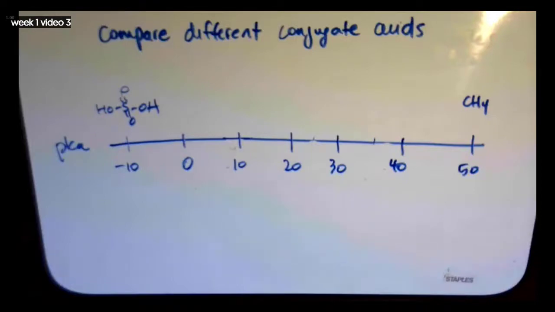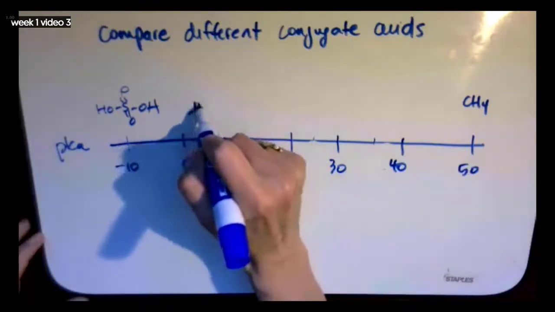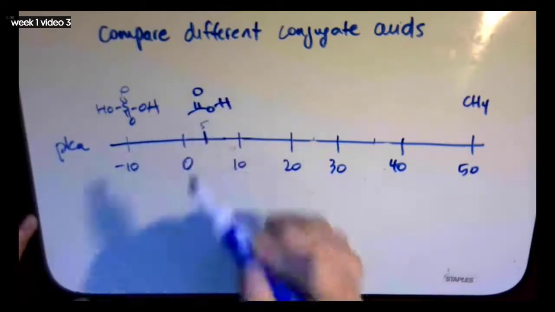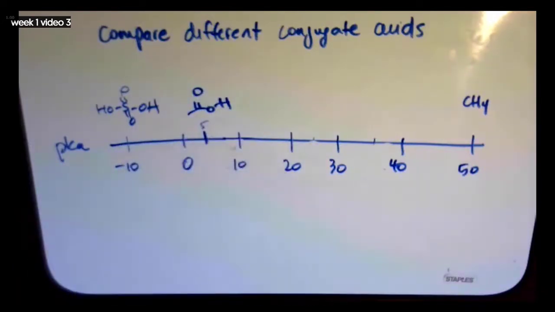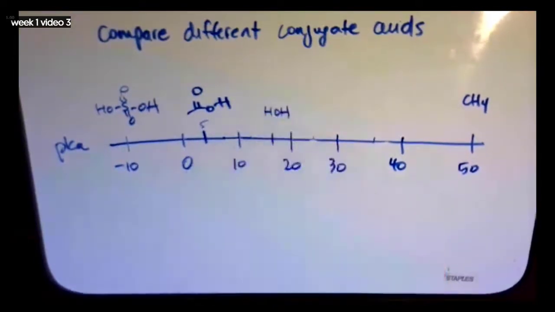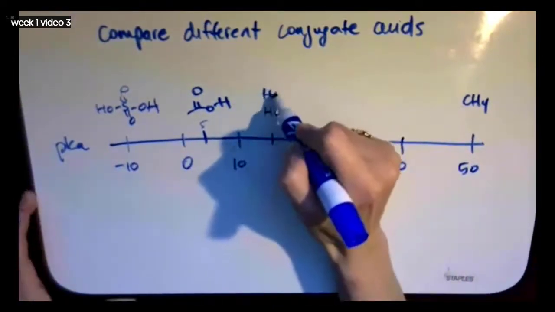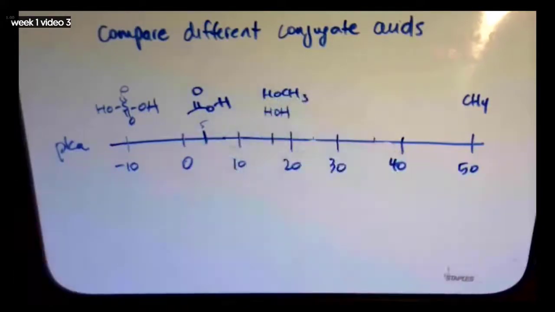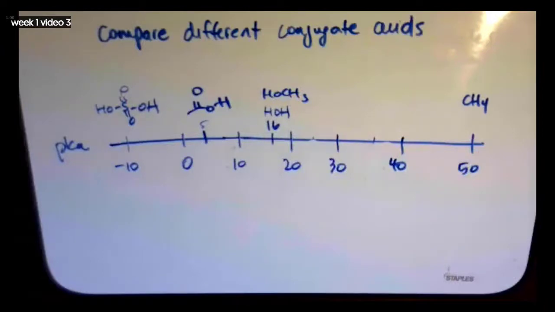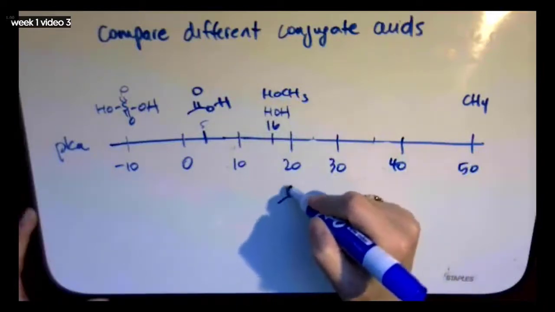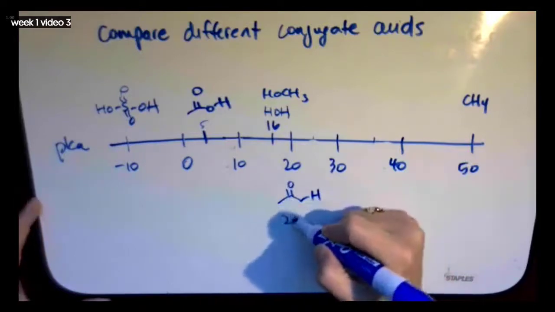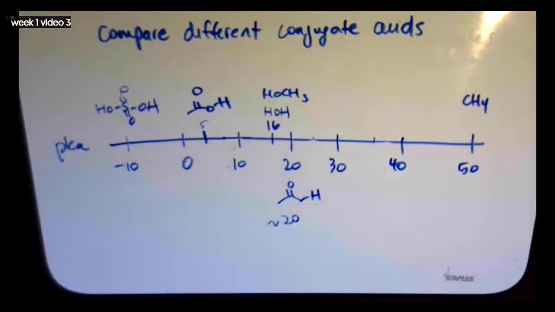Some typical ones: acetic acid, right around 5. Everybody likes water, right? Water and the alcohols like methanol all hover right around 16. Ketones, alpha protons, to generate enolates, those all have pKa's right around 20, depending on the substituents.